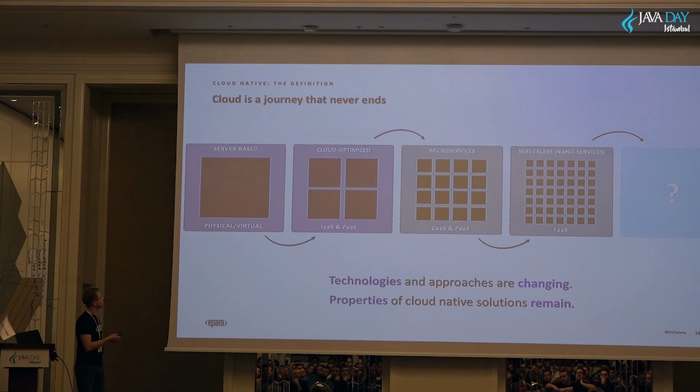Then we started to deploy these machines to the cloud. We started to implement microservices and serverless approaches. These are approaches which change over the years, and we don't know what will happen next year. Maybe after serverless, we will have some other technology. It means that this world and technology are changing all the time.